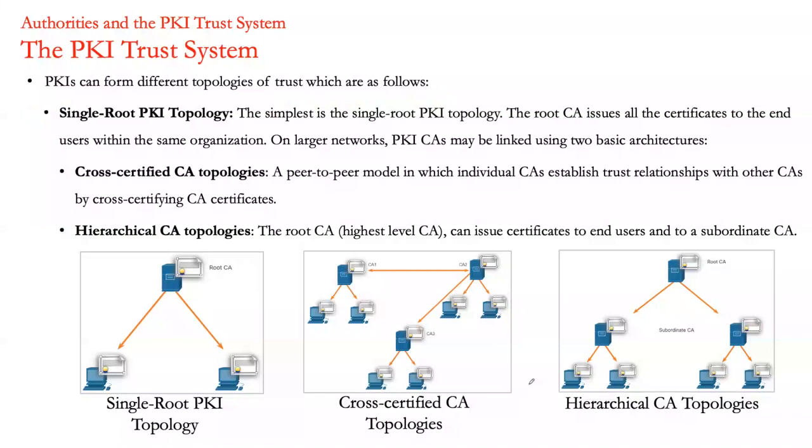Single root is the simplest one. In the single root topology, the certificate authority directly issues the digital certificates to the end users in that network. Only the certificate root can assign.